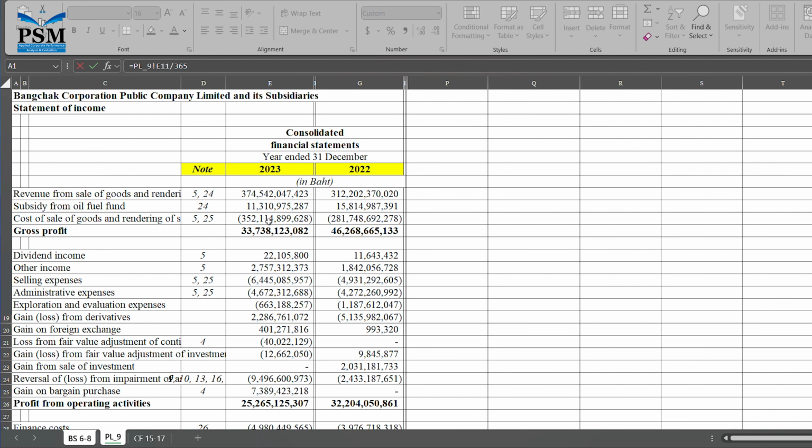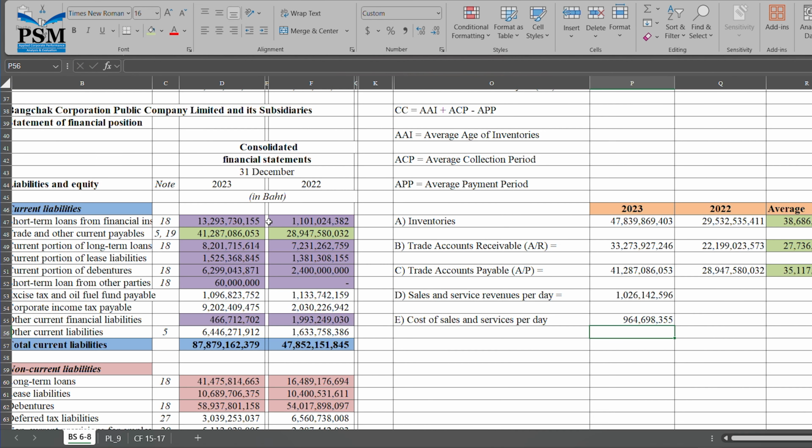But the number is negative because it is a cost. To change it to positive, we multiply by -1 because days cannot be negative. So we have to convert it into positive. So we get 964.